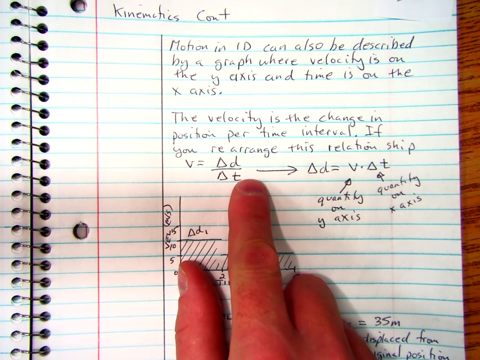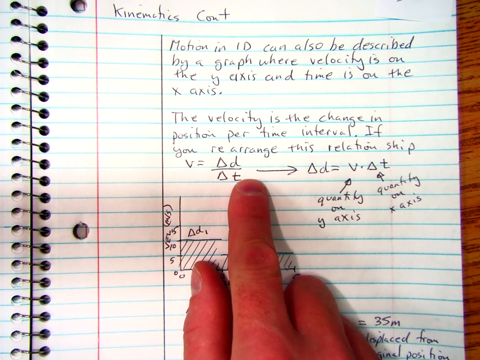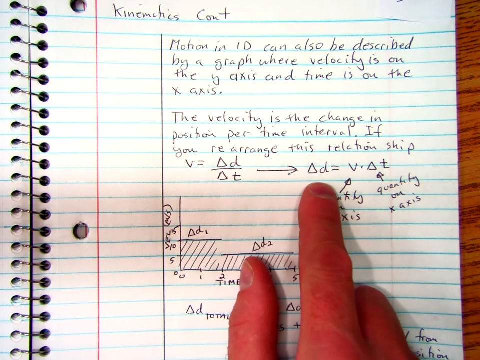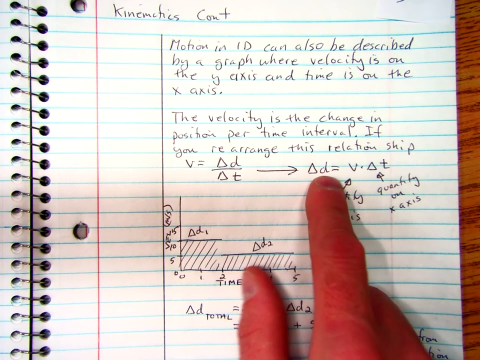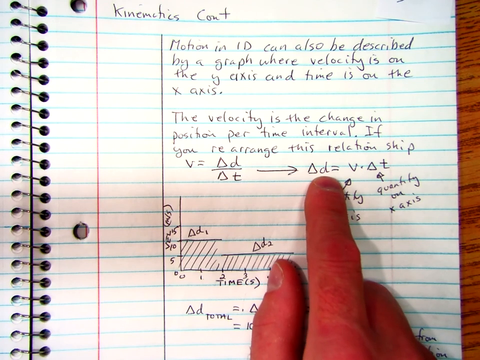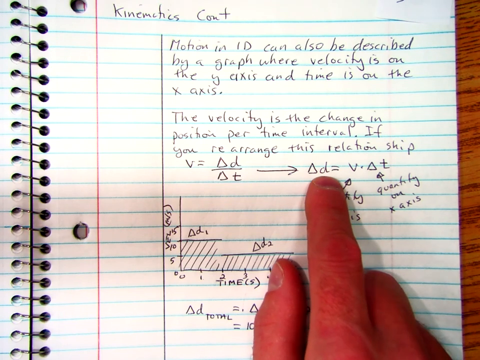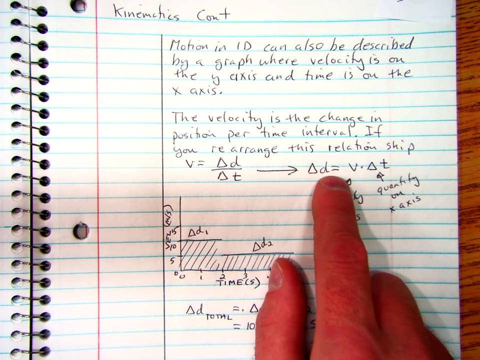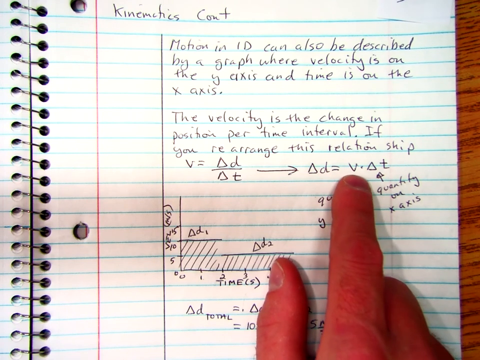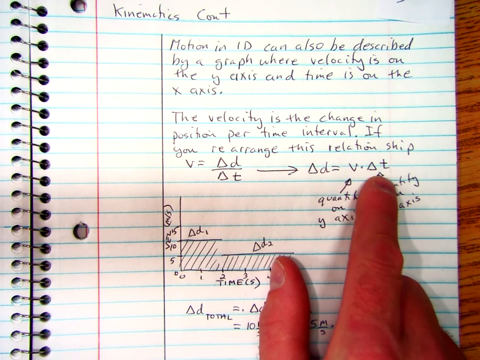If you rearrange this equation, you can solve for the change in the position, or rather the displacement. So delta d is displacement. We remember this from the previous page. So the displacement is simply equal to the velocity multiplied by the time interval. So v times delta t.